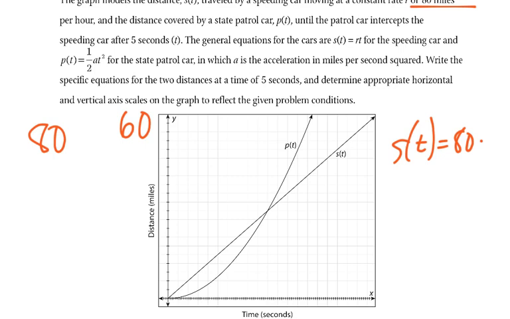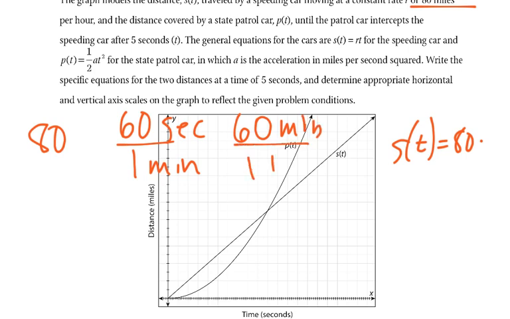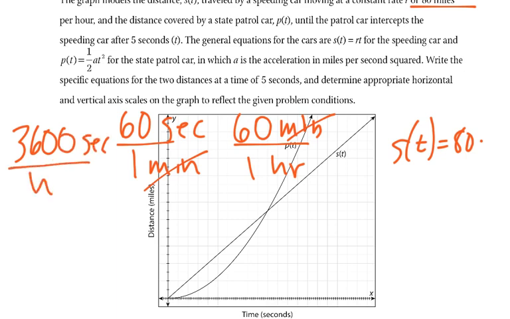60 seconds in a minute. We have 60 minutes in 1 hour. Okay, so if we simplify these, we go 60 times 60, because 1 times 1 is 1, and we get 3,600 seconds in an hour.